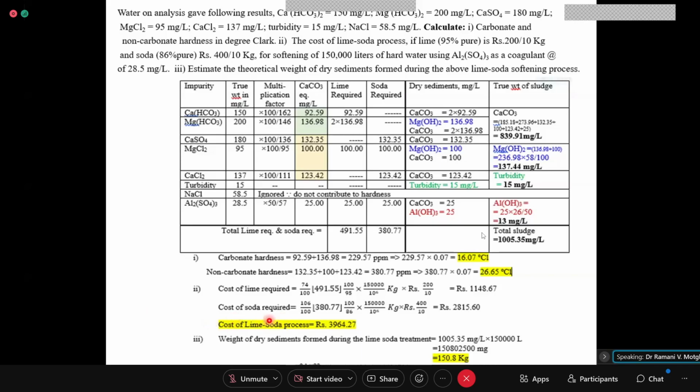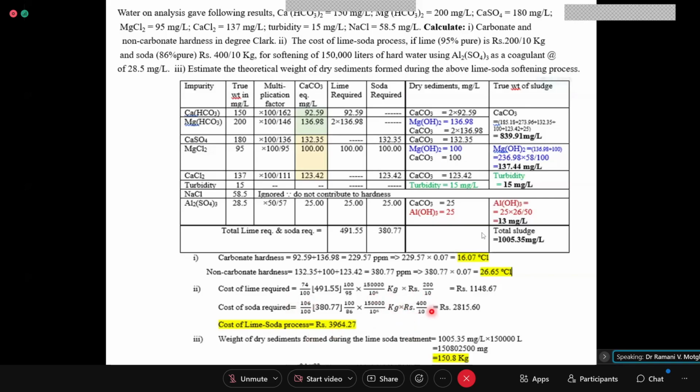Okay. Then the cost of soda required 106 by 100 into this value, that is 380.77, into 100 by 86, because soda percentage purity is 86, into 1,50,000 divided by 10 to the power 6, these many kgs of soda. Okay, these many kg of soda is required.